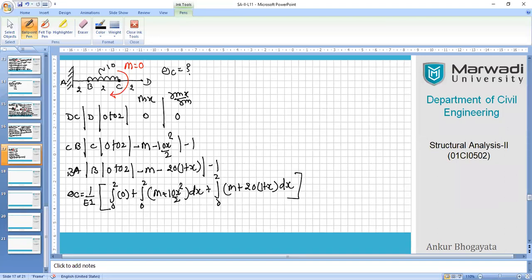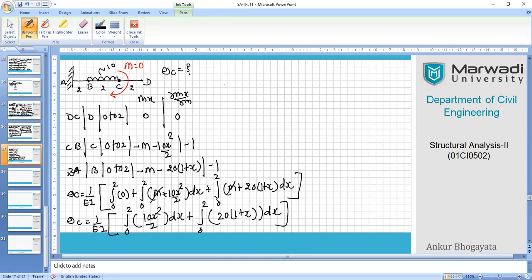Okay, so I think you can focus here, and now we can replace m with 0 because that doesn't exist at all. So our theta C becomes 1 upon EI, 0 to 2 of 10x square by 2 dx plus 0 to 2 of 20 into (1 plus x) dx.